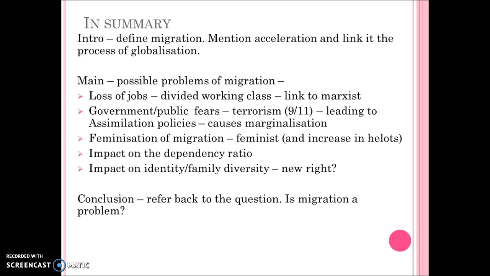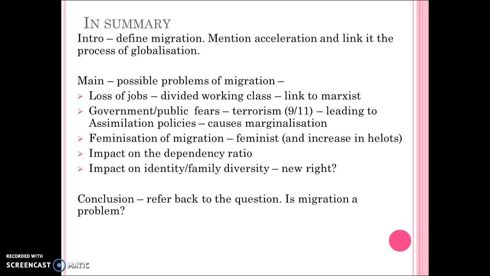Basically, where you've got a job market where there isn't a lot of jobs, where there is higher levels of unemployment, migrants moving to take up jobs as a cheaper form of labour can form a little bit of conflict between the indigenous population and the migrants who are moving in to work.